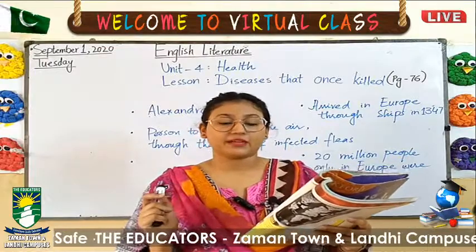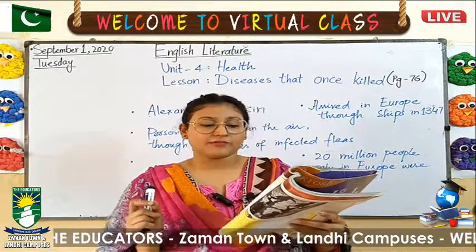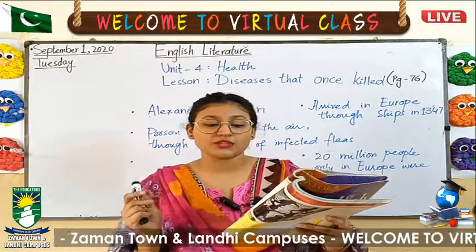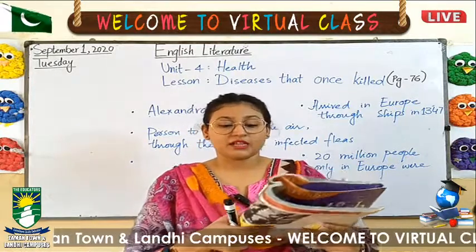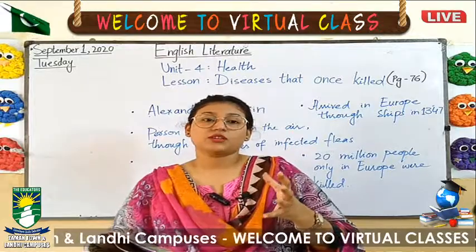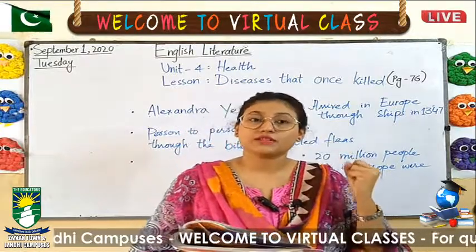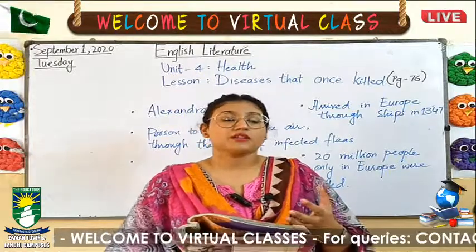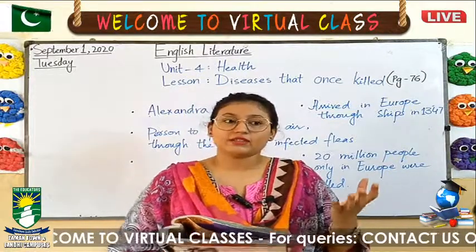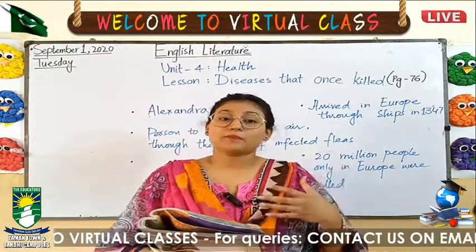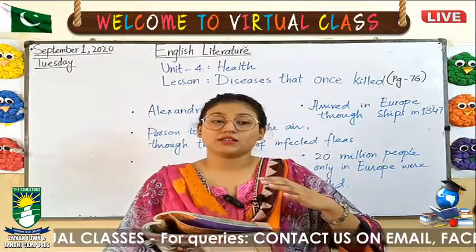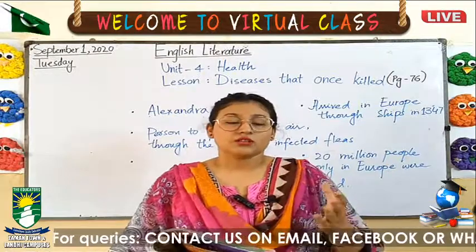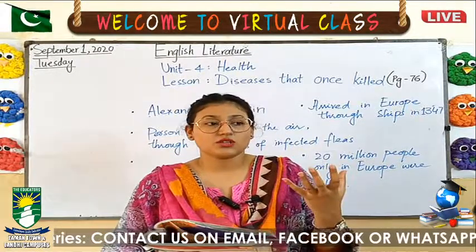Bubonic plague. Bubonic plague is named after the swellings and sores known as buboes that covered people's bodies. So the disease we are going to talk about today was different. When people started suffering from this disease, their symptoms would be so terrible.